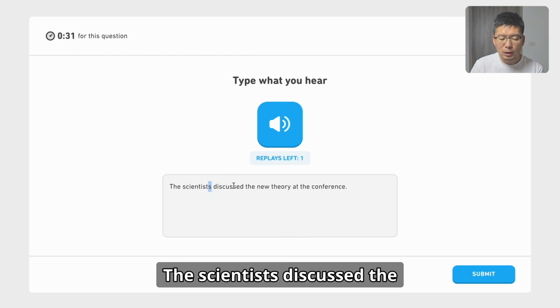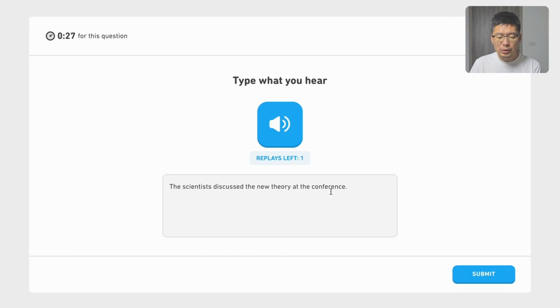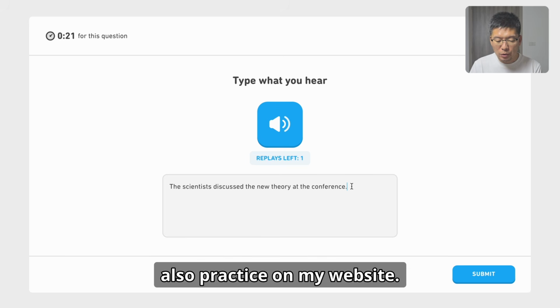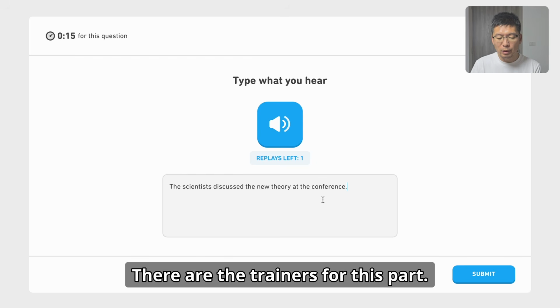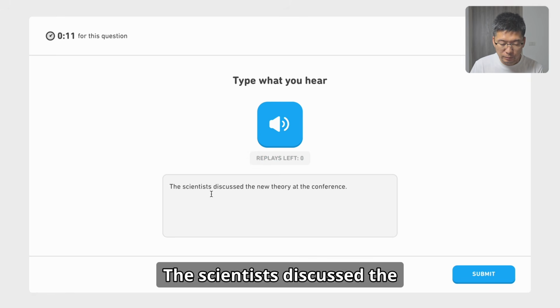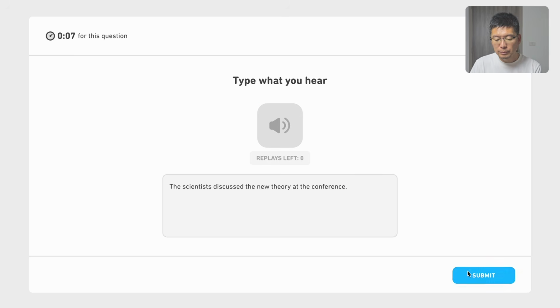The scientists discussed the new theory at the conference. Okay, so these details are very important. If you want to improve your score in this kind of question type, you can also practice on my website, jeenglish.com. Okay, there is a trainer for this part. The scientists discussed the new theory at a conference. Okay, I think it's correct.